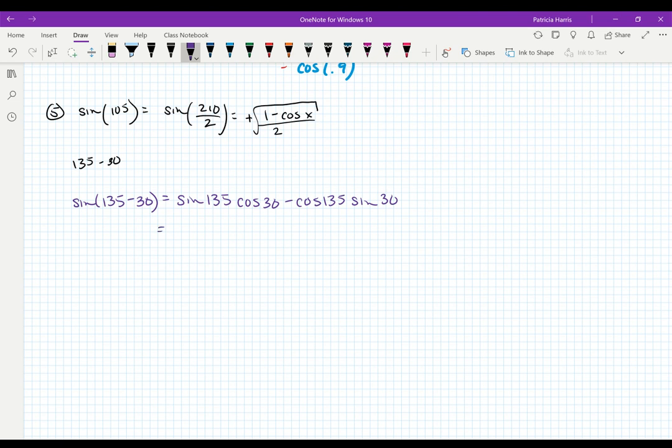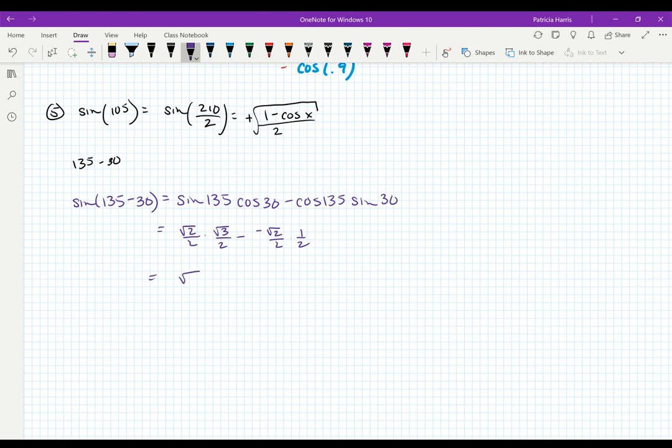So sine of 135 degrees is radical 2 over 2. Cosine of 30 degrees is radical 3 over 2, minus cosine of 135 degrees, which is negative radical 2 over 2, and then sine of 30 is 1/2.